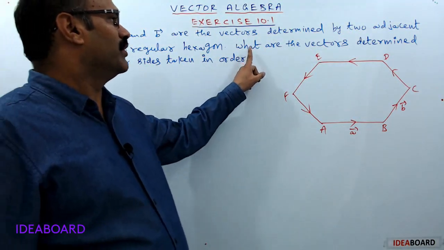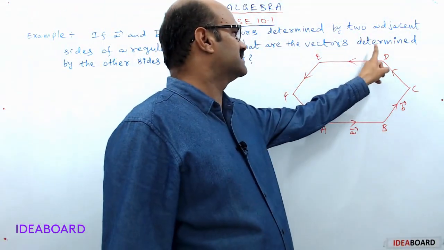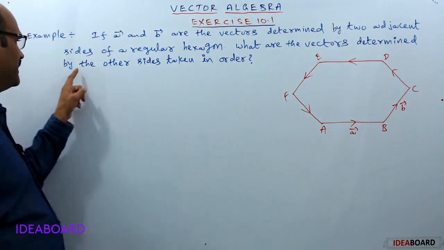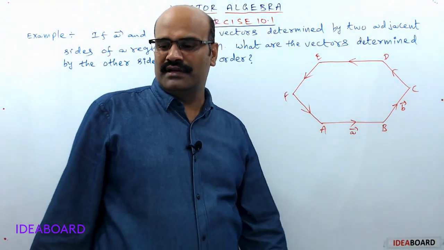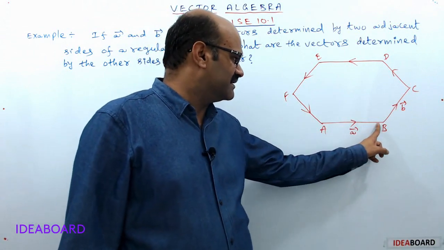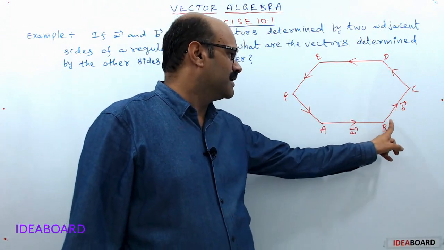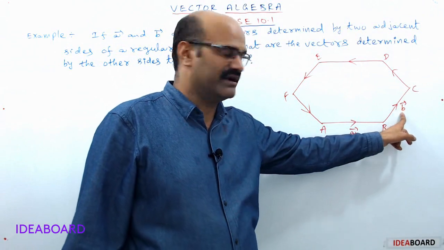Now we have to find the vectors determined by the other sides taken in order. Here AB vector is given by A vector, BC is given by B vector.